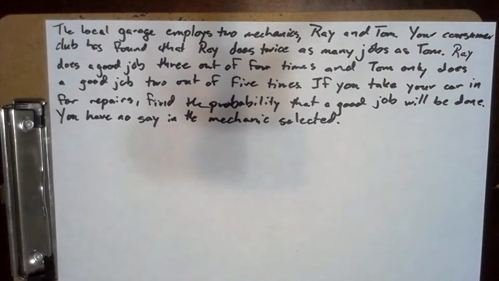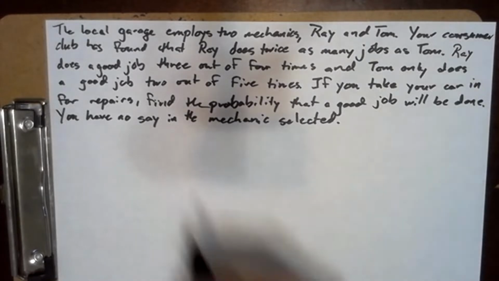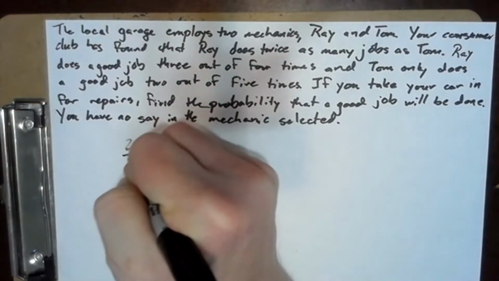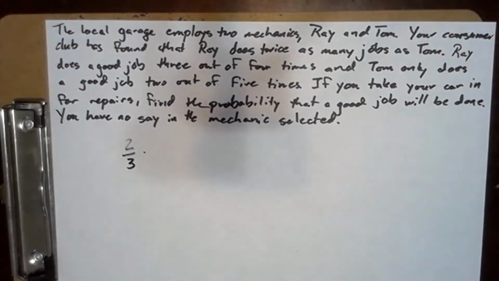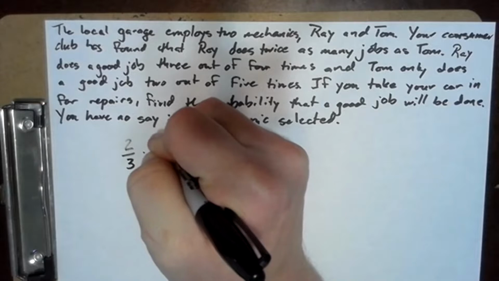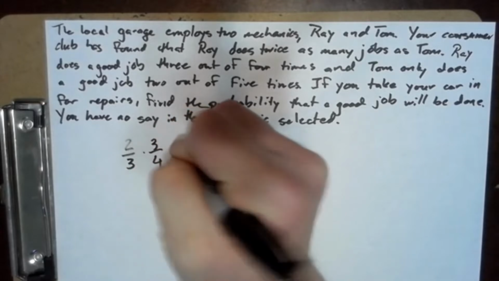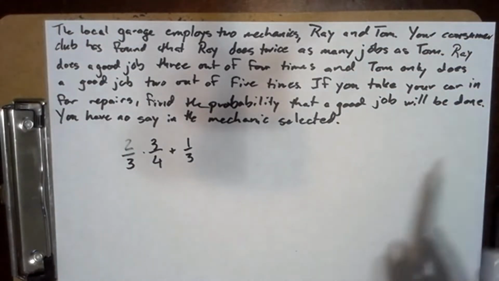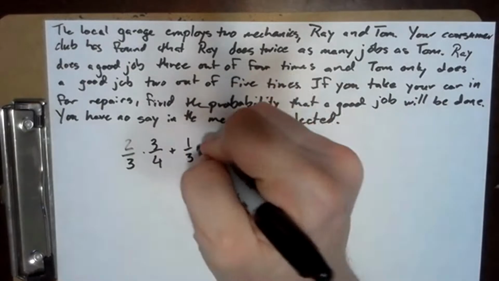Okay, so what we want to do here is first, we know that we can either get Tom or Ray, and 2/3 of the time we will get Ray, since he does twice as many jobs as Tom, and our chances of getting a good job done when Ray is doing the work is 3/4, plus 1/3 times the probability that Tom does a good job, which is 2/5.